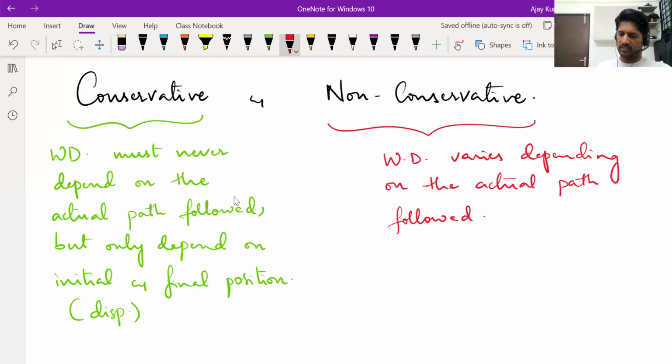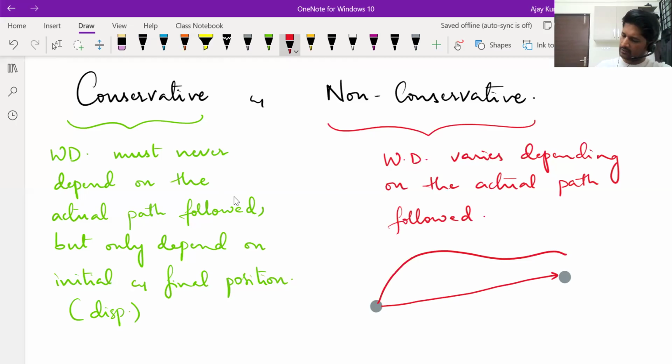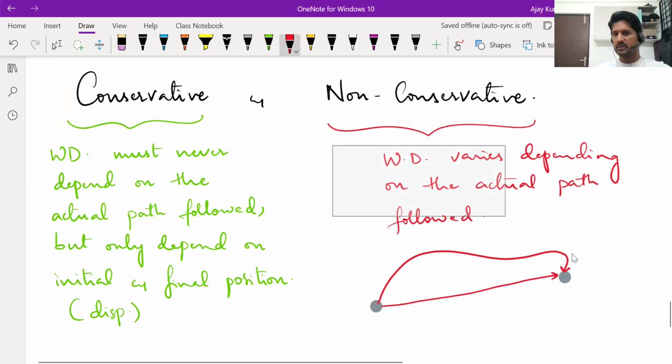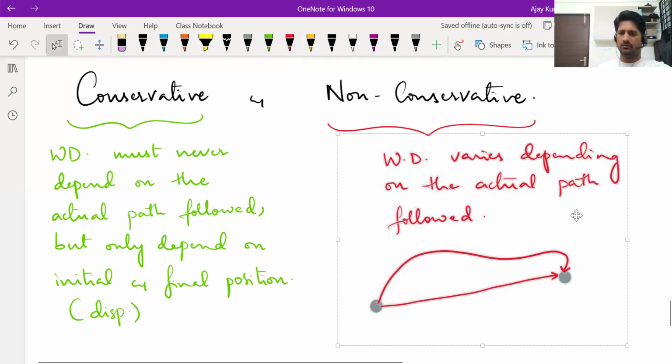For the same displacement, meaning same initial and final positions, if you go along one path, you get one amount of work done after doing the calculations. If you go along some other path, you get a different amount of work done when you do the calculation. Such forces are called non-conservative forces.